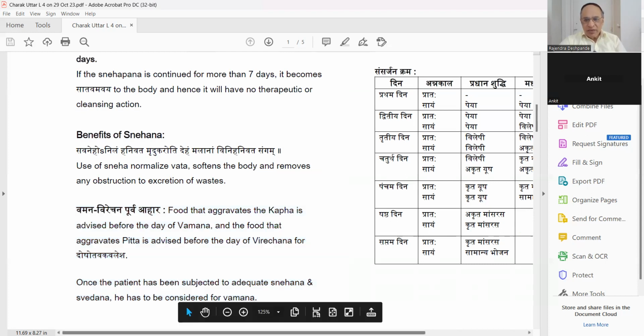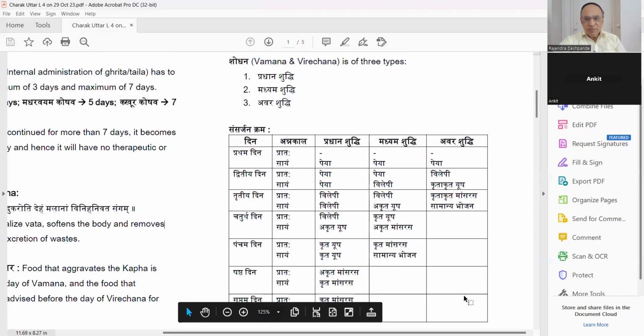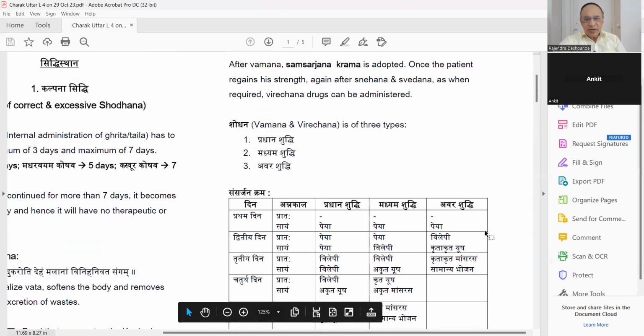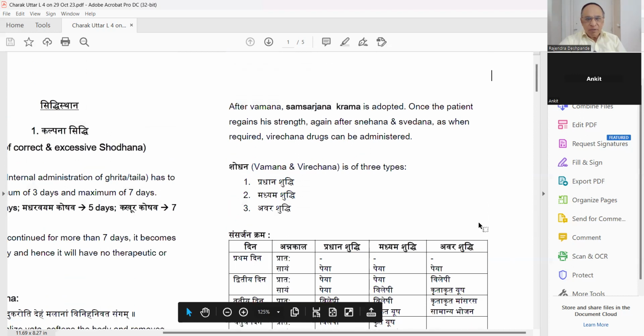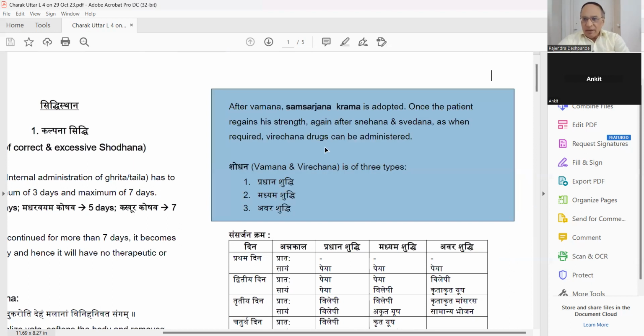Now I will move the screen to the right side. Please be patient, slowly and steadily, so that understanding is proper. After Vamana, there are 3 steps, like a surgery.